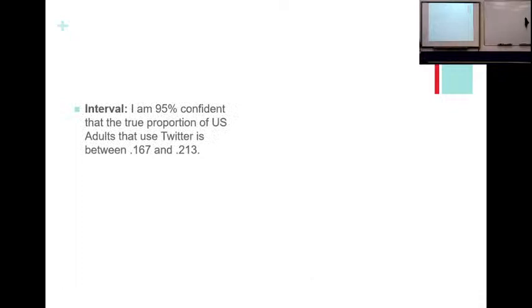Here's the confidence interval. Remember I said start with, we're 95% confident that. The sentence gets structured in a couple different ways. I usually write them a little bit differently than the book writes them, just the way I've always written them.